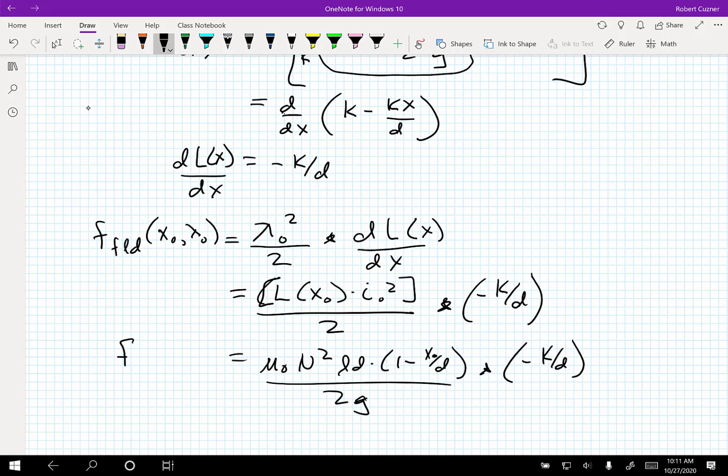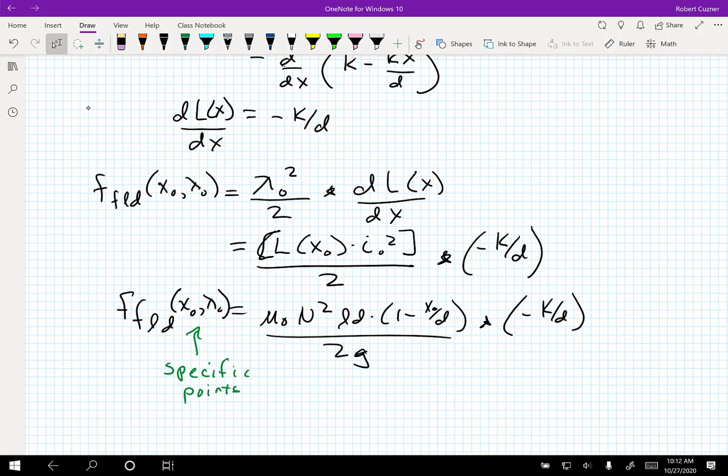So there's our force. Again, what you're doing is evaluating the force at specific points. I'm trying to really emphasize this, because if you don't do that, you end up with some horrific expression that's going to give you the wrong answer.